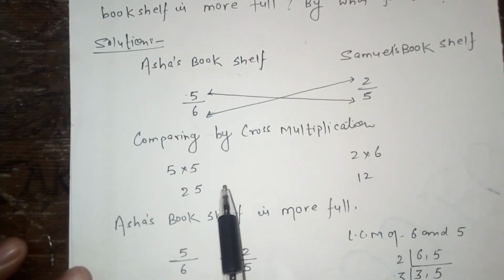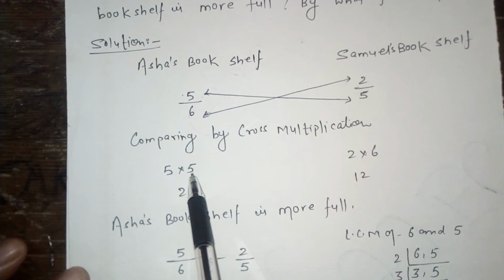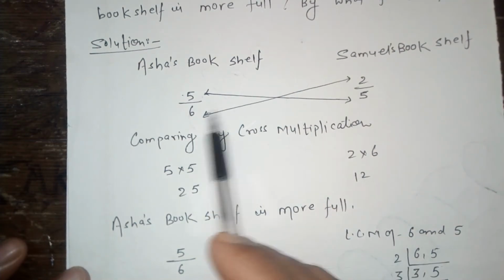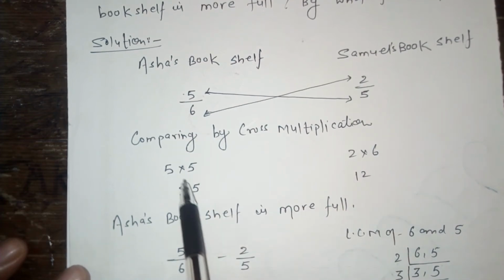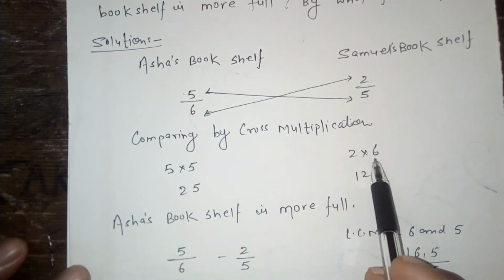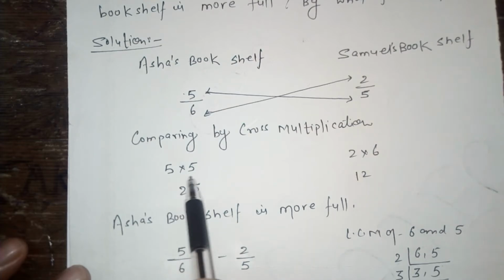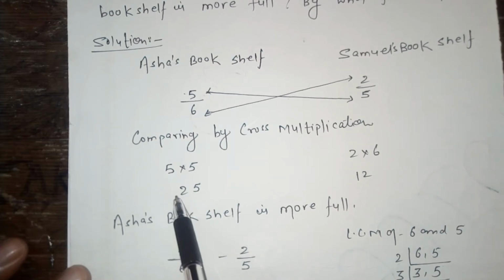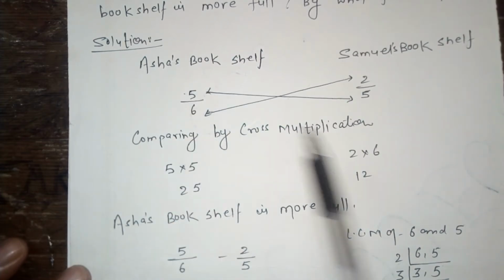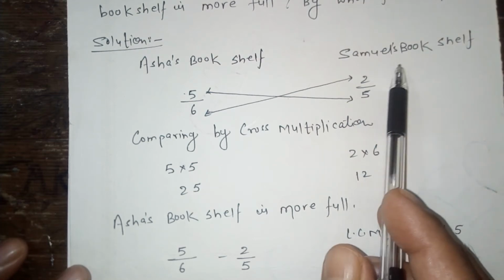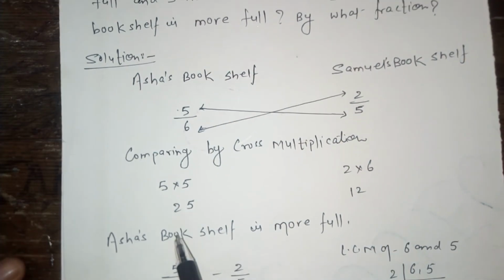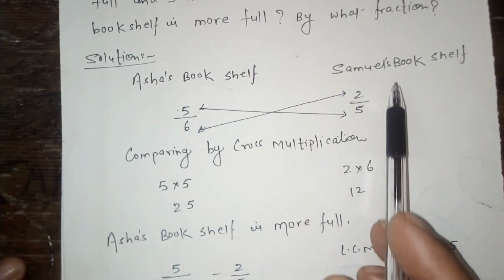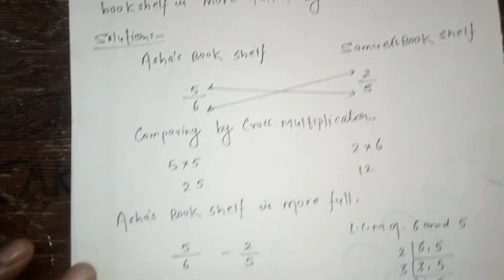Okay, now look here, 5 into 5 and 2 into 6. 5 fives are 25, 2 sixes are 12. The meaning is 25 belongs to Asa's bookshelf and 12 belongs to Samuel's bookshelf.